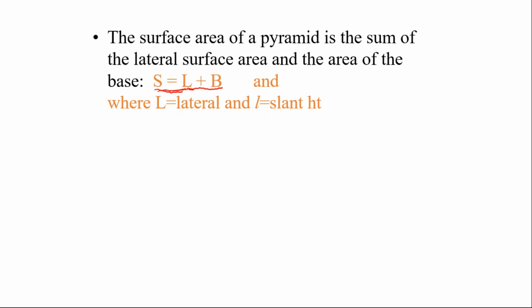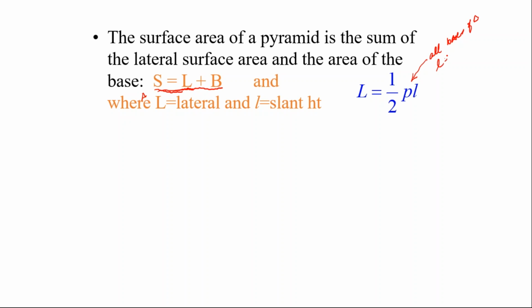The key one, remember I said the lateral is made up of triangles. So area of a triangle is half the base times height. So the formula for the lateral is 1/2 the perimeter times the slant height. The perimeter is all the bases of the individual triangles.